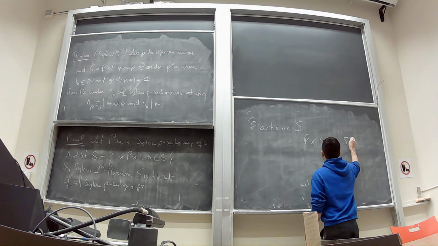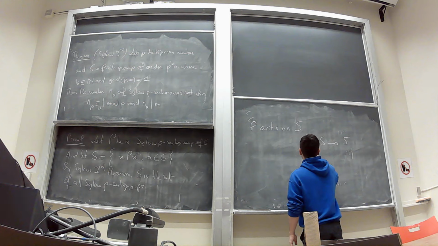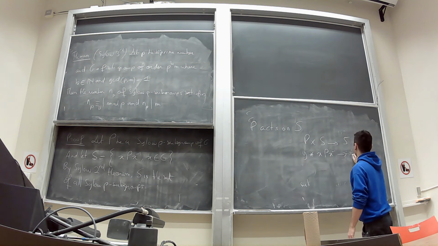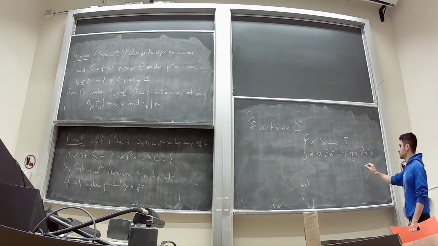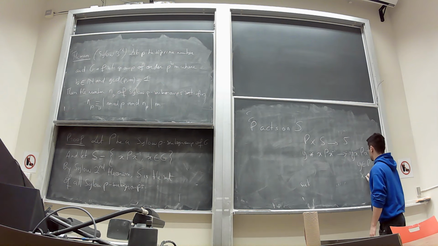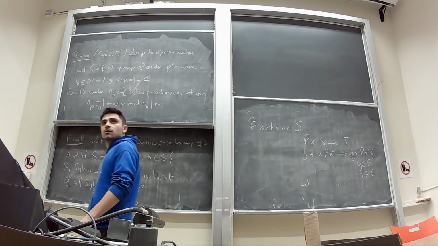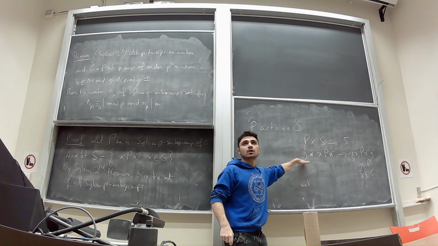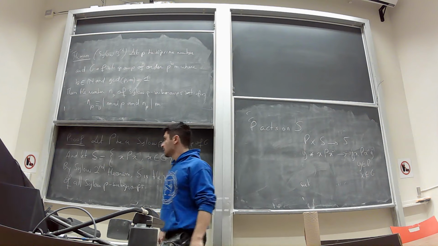P cross S to S. You take y in P, y star xPx inverse, where y is in P and x is in G. It's the same action of G on S, but I restrict it to P. Are we good here?